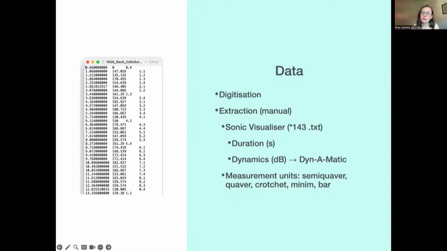To do this, I draw on digitized recordings, annotated student editions or manuscript scores, and a video from the 1954 Prades Festival. After extracting numerical data with the help of Sonic Visualiser, I also apply computational tools such as hierarchical clustering and principal component analysis to analyze expressive timing and dynamic variations.